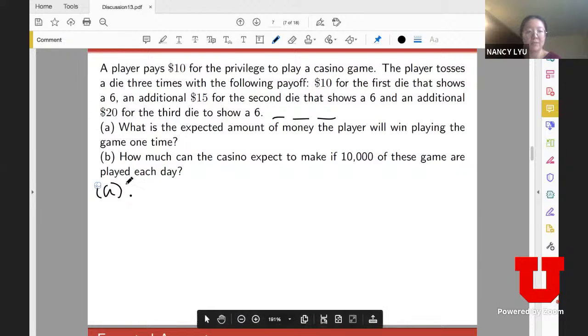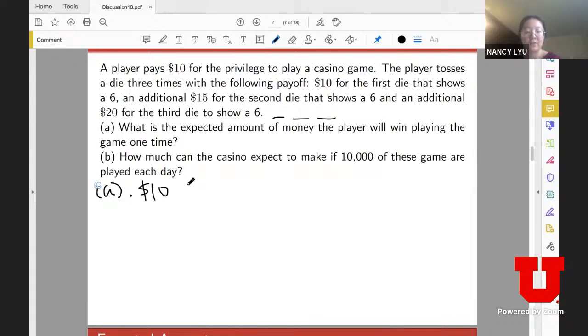So let's write this out. $10 for the player to win if the player only has one 6 in 3 times. So it's 1/6.